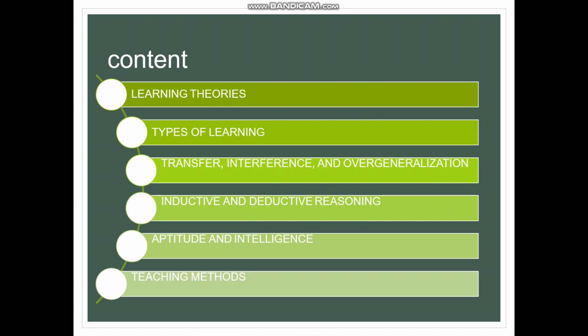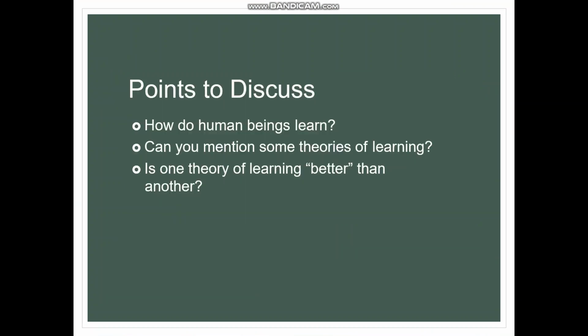Okay, to begin with, we are going to discuss learning theories. Several things that you have to discuss. How do human beings learn? When we talk about learning theory, we talk about how human beings learn. And when we talk about this, it is related to the second concept about some theories of learning.